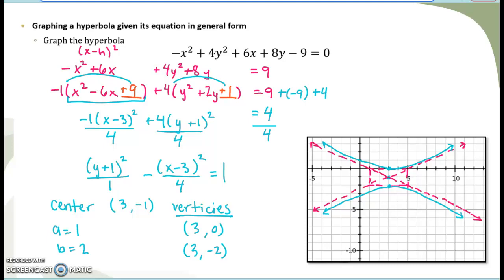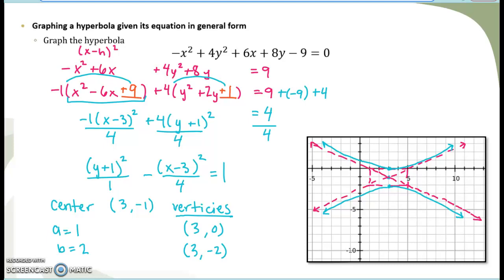My vertices, this opens up and down, so I'm going to add a and subtract a to the y portion, okay? And then I go ahead and make my box using a and b.